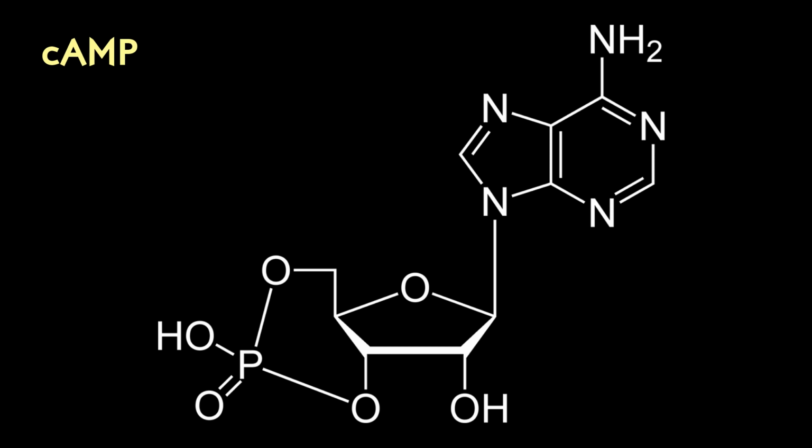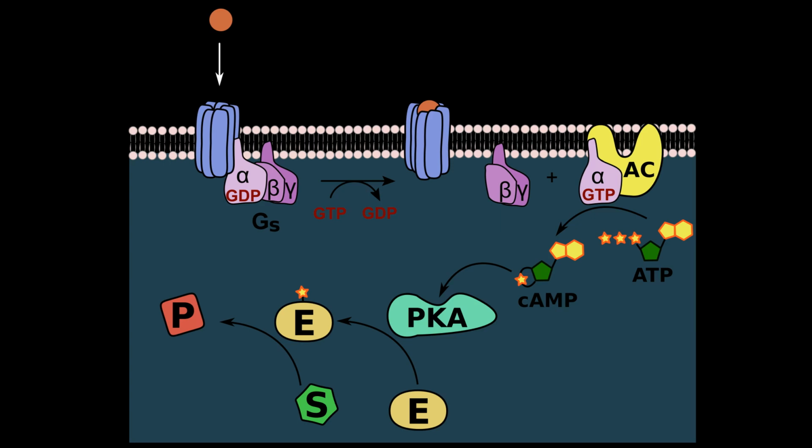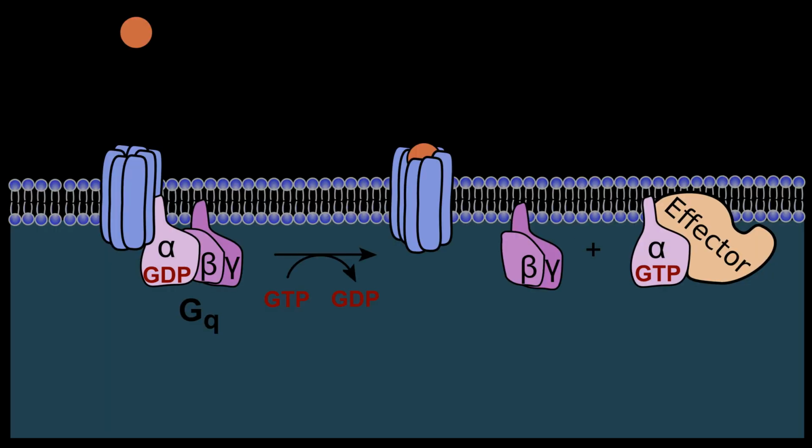Okay, so let's talk about this pathway very specifically, the cyclic AMP adenylyl cyclase pathway. Actually, before I go back, let me just really fast recount the basic G protein system. We're getting a message in.